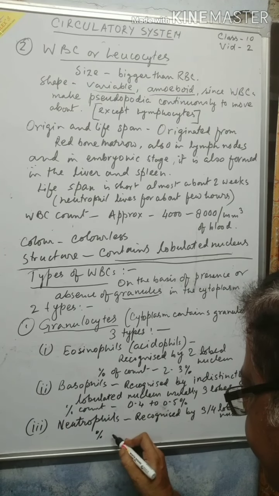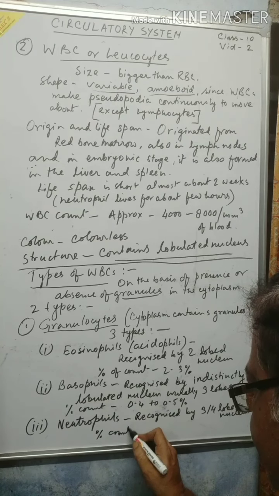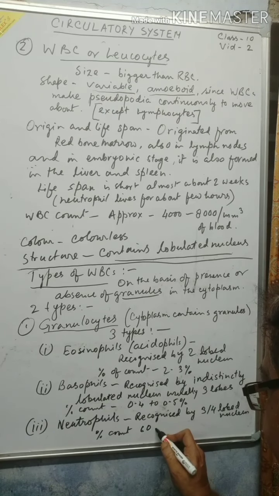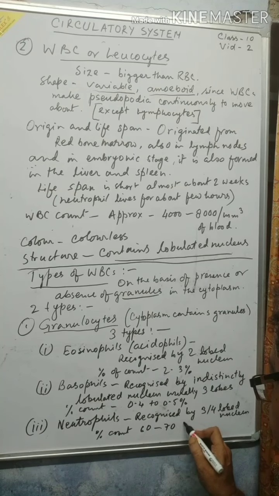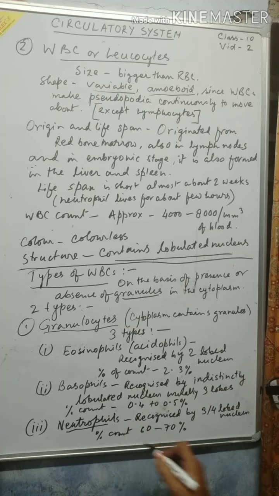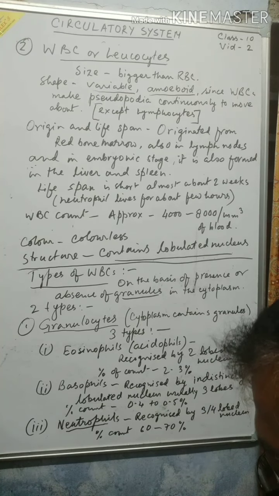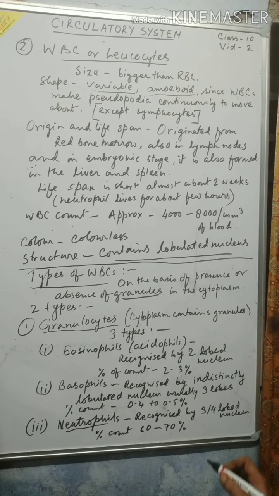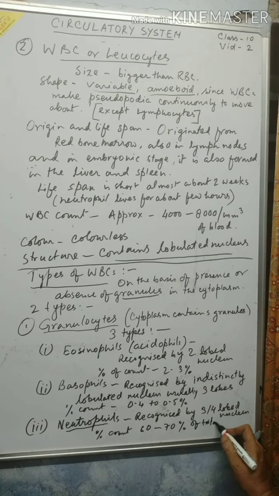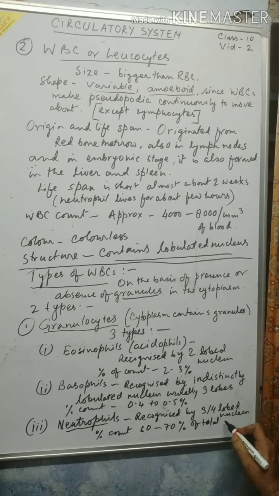Percentage count is maximum, 60 to 70% of WBC. Neutrophils are the maximum number of WBC found, 60 to 70% of total WBC count.